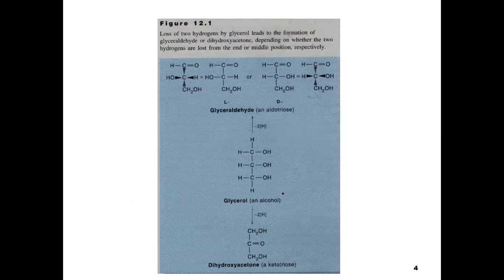So for example, this is the glycerol molecule, which is an alcohol. By losing two hydrogens, it can be converted into dihydroxyacetone, which is the ketotriose, or into glyceraldehyde, which is the aldotriose.